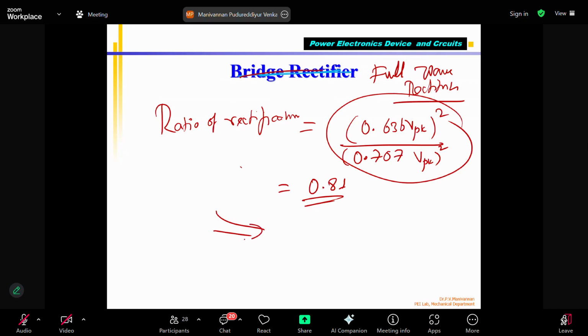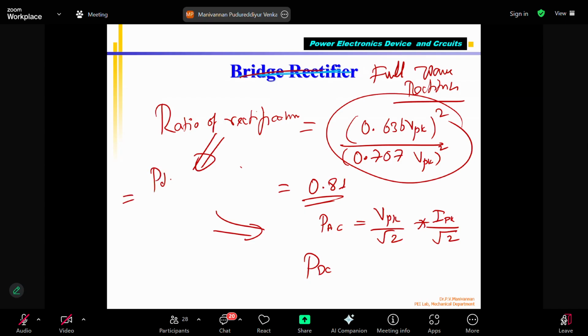The equation is nothing but PAC, which is V peak divided by √2 into I peak divided by √2, and PDC. The rectification ratio can also be written, note down, with another formula: PDC divided by PAC. Correct?